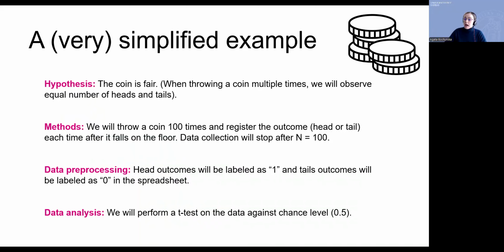And only after I write down all these things and timestamp it, and put it in the online pre-registration repository, can I start throwing my coin. So all that plan is registered and frozen, and only then do I start my data collection.